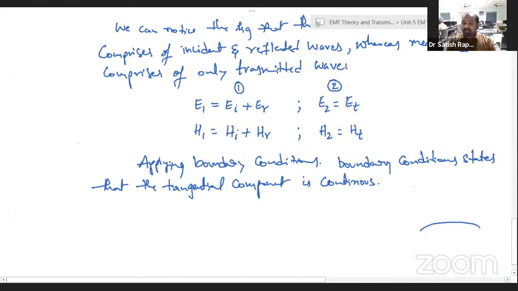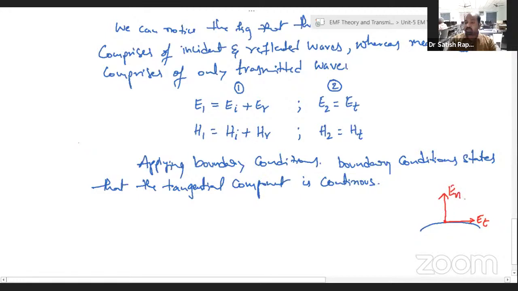Both electric and magnetic field can be decomposed into two components, right? One is the tangential component and another one is the normal component. For example, if you consider the electric field here, the tangential component means the component which is parallel with the boundary. The normal component is the field which is normal to the boundary.